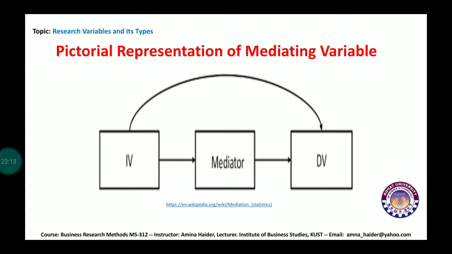We will explain it, for example, in a restaurant: the pizza taste, the service speed, and the waiter courtesy are actually the three factors that increase customer loyalty. So customer loyalty is the dependent variable. Pizza taste, service speediness, and waiter courtesy are the independent variables. So these factors actually improve customer loyalty.